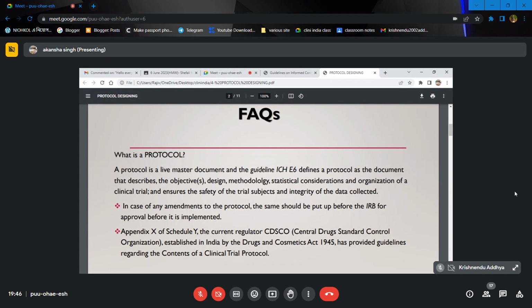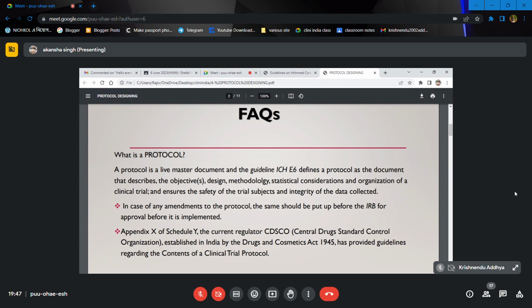Whatever protocol we are making, it has to provide the right amount of detail necessary for the readers to understand the need to conduct a study. Like, blood pressure measurement should be described in more detail in a protocol for a hypertension study, where it is a primary efficacy parameter, than in a protocol for another disease area where BP is assessed as part of general assessment and safety check.